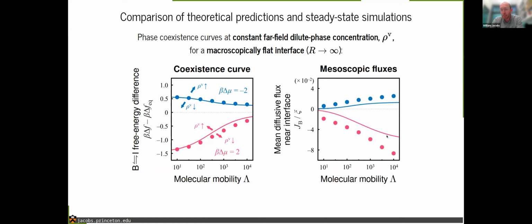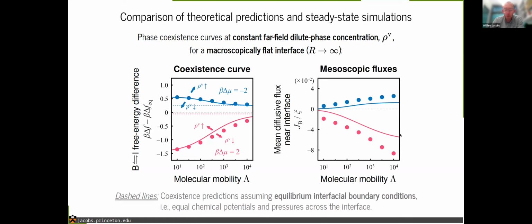And this also allows us to predict what these fluxes are near the interface. It's useful to contrast this with what you would get if you assumed that the interface itself was always at equilibrium. It's possible to write down an alternative theory where you have reaction diffusion in the bulk phases, but you assume that the interface itself is at equilibrium, and that's shown by these dashed lines here.